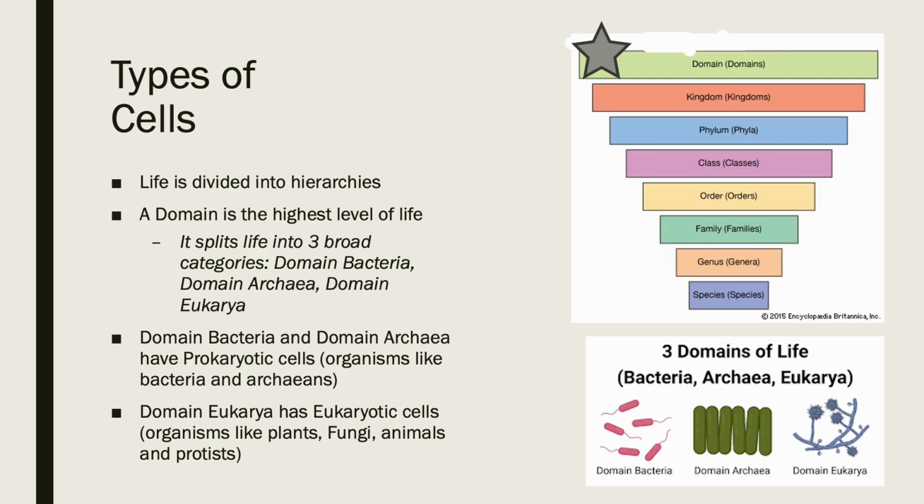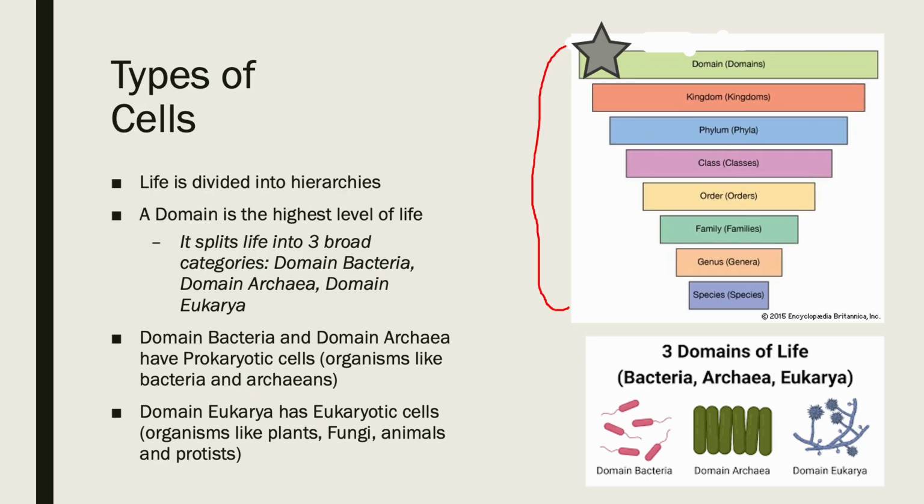Cell diversity. Again, I mentioned that cells are extremely diverse in type and size and organization. But for this chapter, we will be looking at two categories of cells. And we will start looking at the science of classification, and we call that taxonomy. And that is this chart over here.